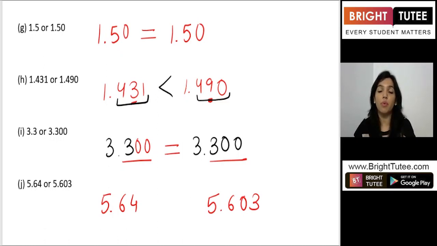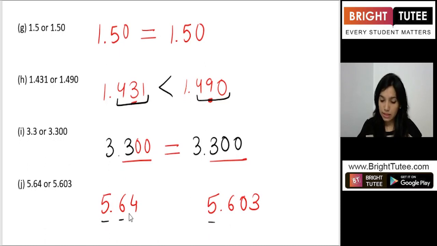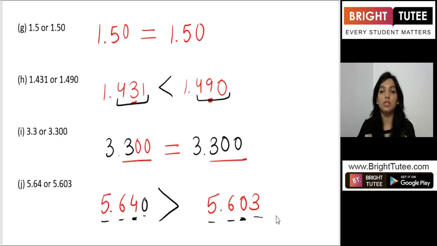It is 5.603. Let us compare these numbers depending upon their place values. So 5 is the same. 6 is the same. Comparing the tenths part, here it's a 4 and here it's a 0. Clearly this number is bigger. And if you want, you can check further by putting a 0 here. So here it's a 0, here it's a 3. Well, that doesn't matter. We just check till the point we get a bigger number.